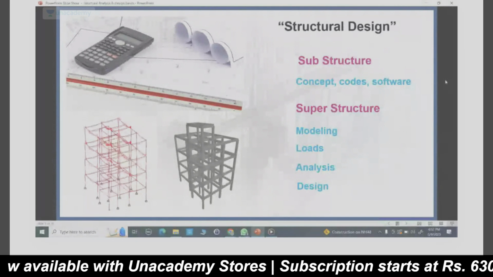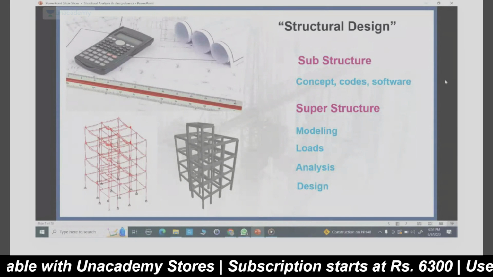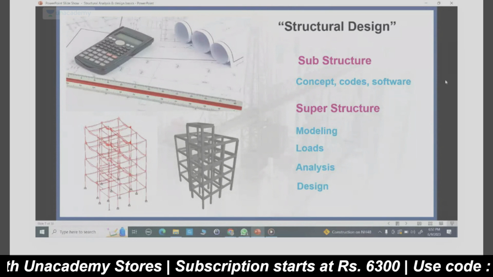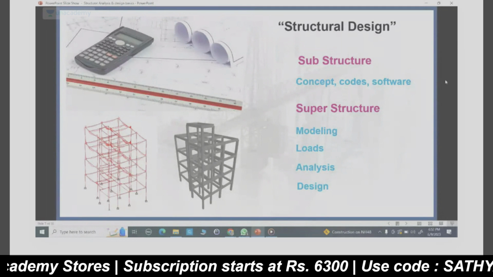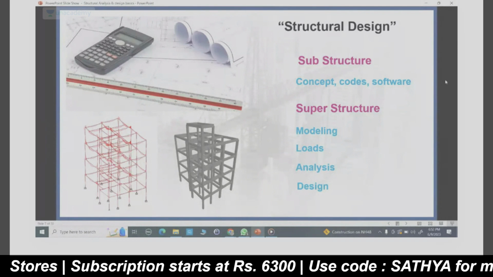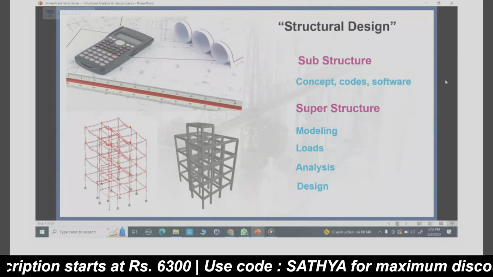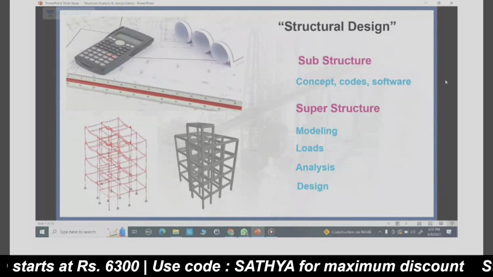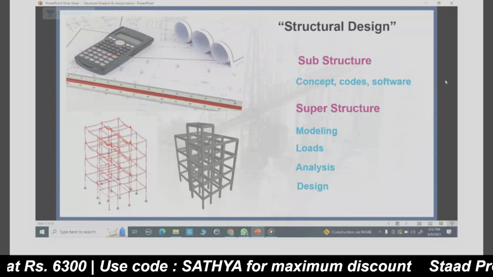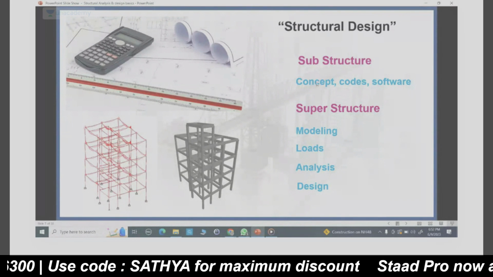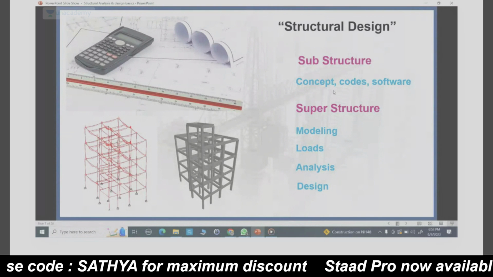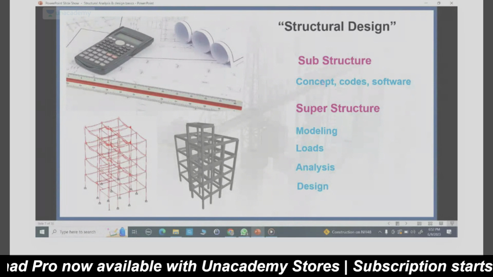That means we first choose the preliminary size of the structural member. That is the main thing. Then we need to choose the proper material, which comes under strength of material. And then analysis and then design. So this is the concept.